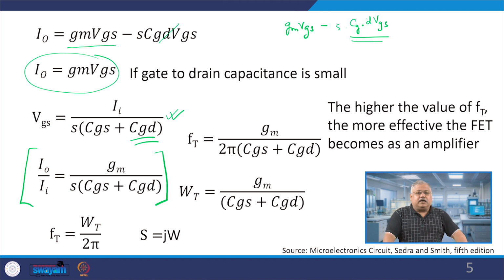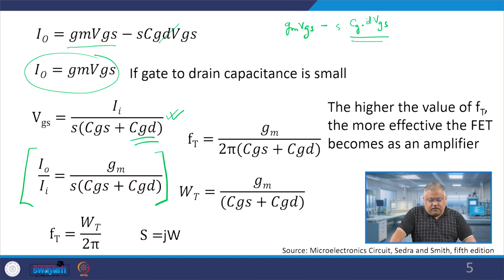But the problem is that in most cases, these values of CGS, CGD as well as Gm to an extent vary with frequency. So you cannot consider this to be a constant value, but it might be varying as you move from a low frequency to a high frequency region.